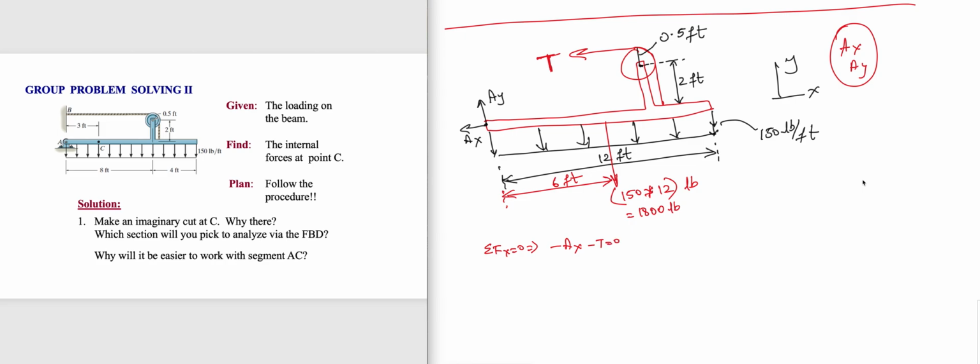Then sigma Fy equal to 0 implies we have AY and we have negative 1800. Anything else in the y direction? No, that's it. Is equal to 0.